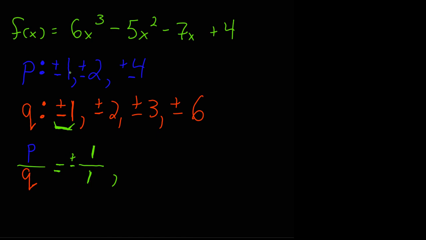All right, so that's 1 for that. Notice that I can also still have 1 on the denominator, and I can have 2 on the numerator. So I get 2 over 1. It's still a plus or minus.